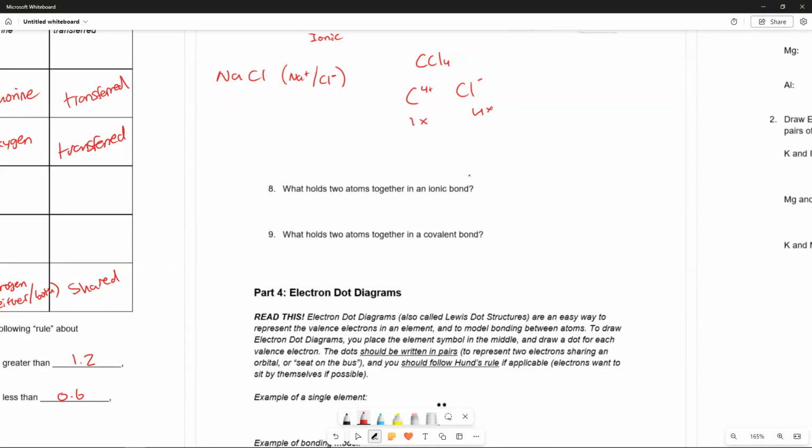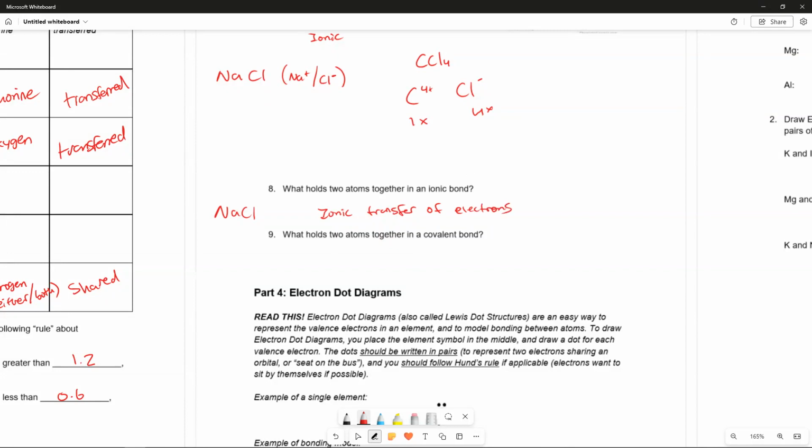Like sodium chloride, NaCl, this transfer of electrons holds together this ionic compound. So what holds 2 atoms together? The ionic transfer of electrons.